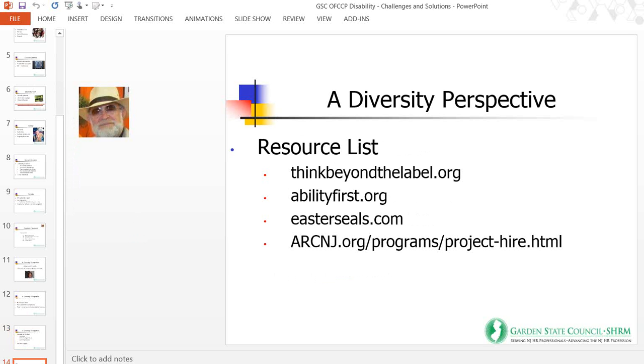And if you go into that website and put in New Jersey, it will give you all types of resources, contacts, organizations you can go through that could help you with thinking through some of these issues of accommodation, whether it's for people we're trying to hire or for current employees who suddenly find themselves with a situation where they do need to be accommodated.